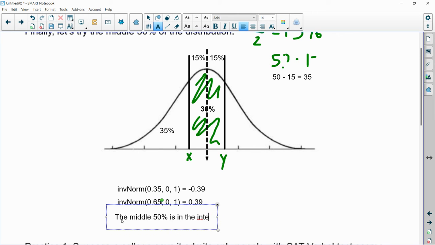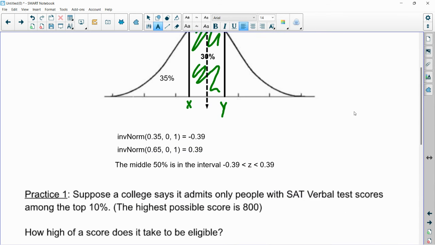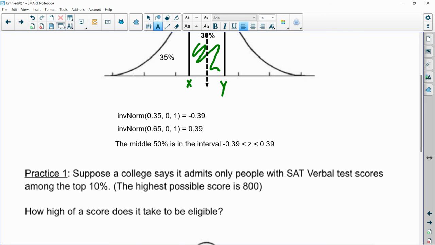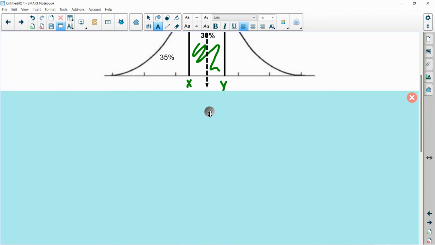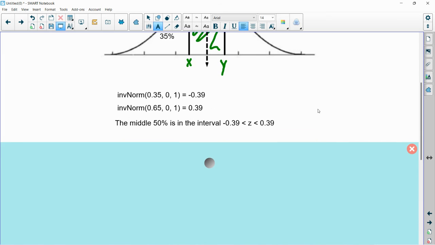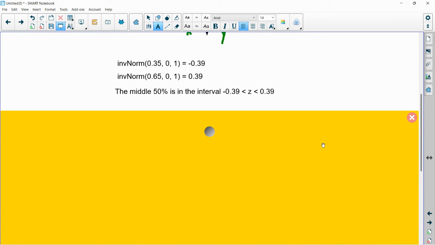So it is in the interval. So on the left side, it's negative 0.39. On the right side, it was positive. And we're looking for a z-score, so we put z in the middle. In the middle 30%.